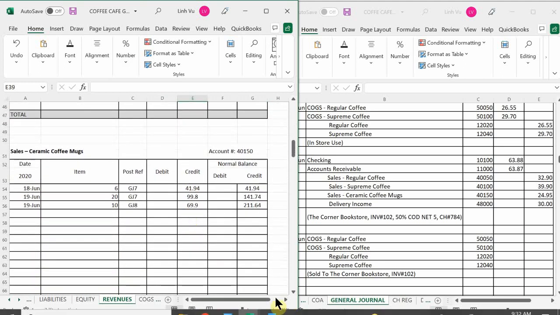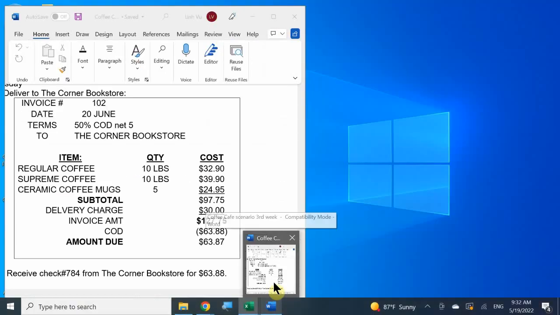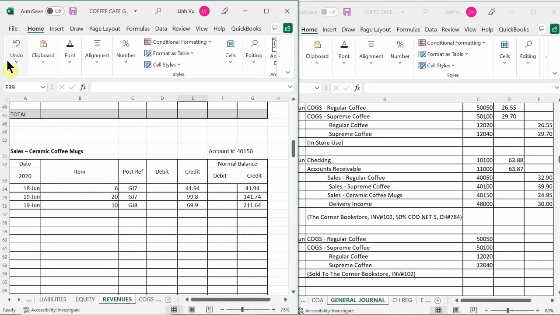And the ceramic coffee mugs, I sold 5 of them. For a grand total of $24.95.